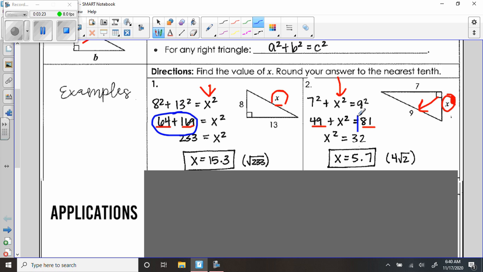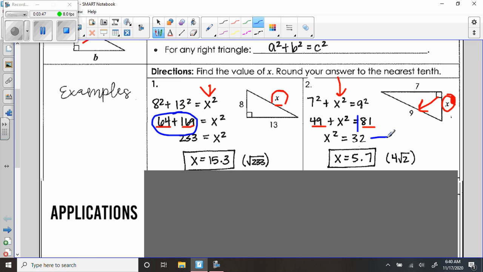Therefore, to get x by itself, I have to subtract 49 from both sides. That's the difference. So now I have x squared equals 32, because I did 81 minus 49, and then I get approximately 5.7. The square root of 32 is right around 5.7.